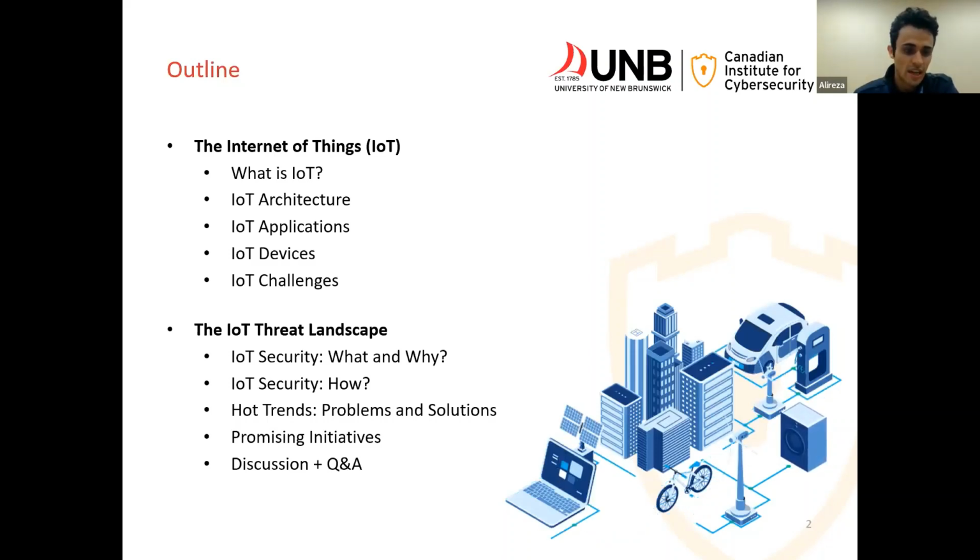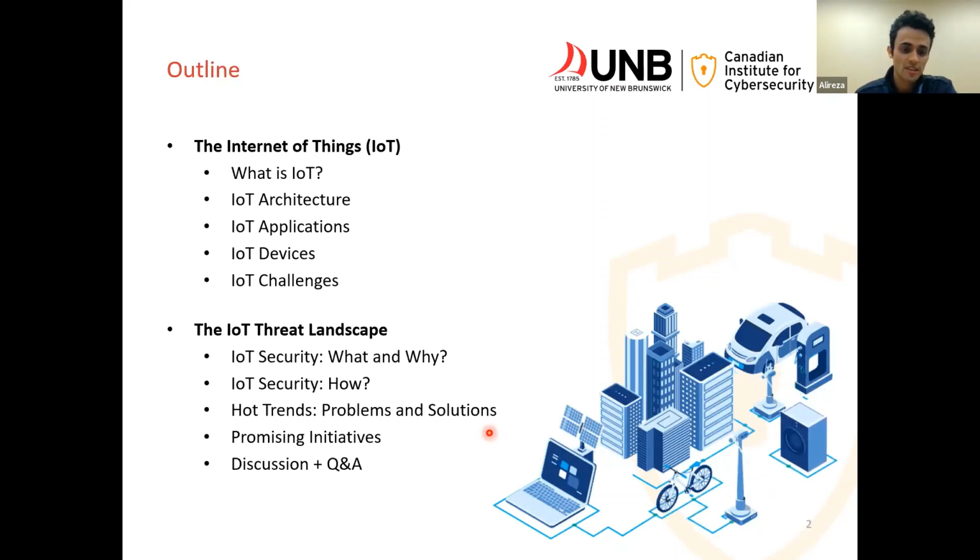systems and networks face. So after a general overview of what IoT is and understanding its environment and atmosphere, we'll dive into the IoT threat landscape. We first discuss what is IoT security and why we need to care about it. Then we'll discuss how we can secure our IoT network, what are some pillars and some aspects that we need to take care of in order to have a secure IoT environment.